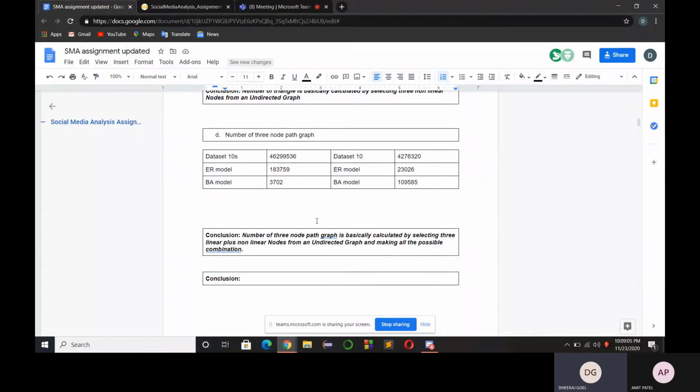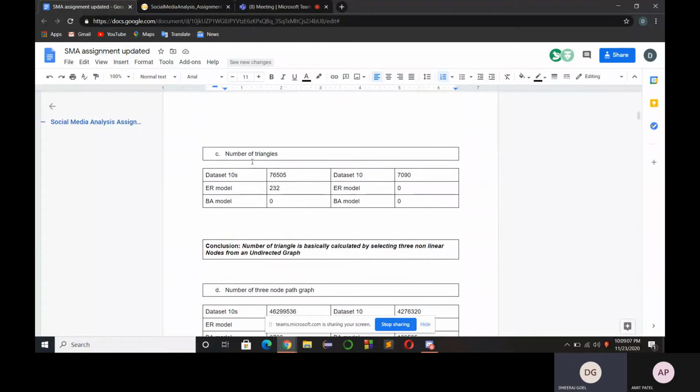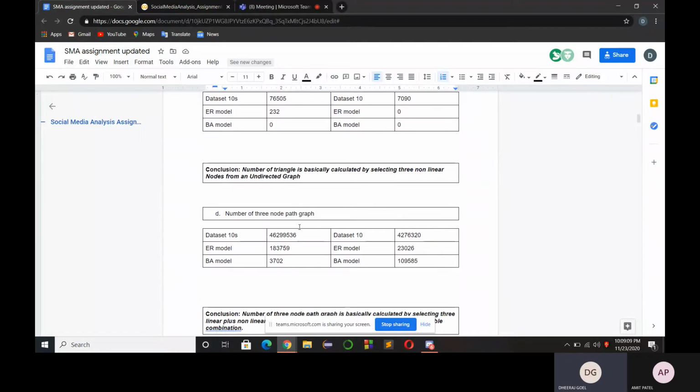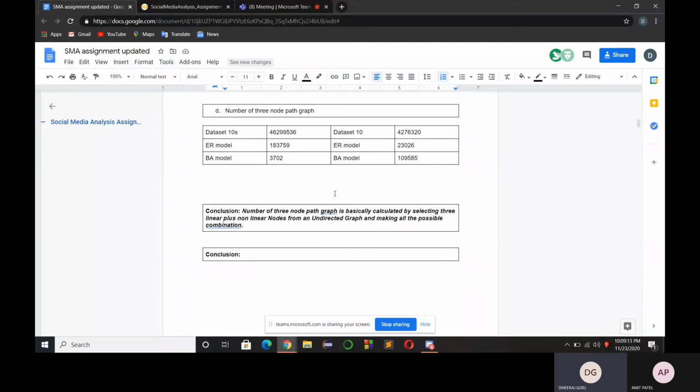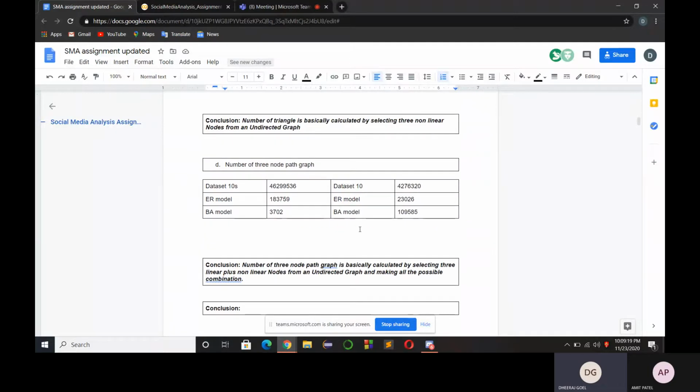Number of three node paths. Along with the previous part, the number of triangles, there is one more part combined with it, that is the three node path. The number of three node paths is basically calculated by selecting three linear plus non-linear nodes from an undirected graph and making all the possible combinations through permutation and combination concepts.